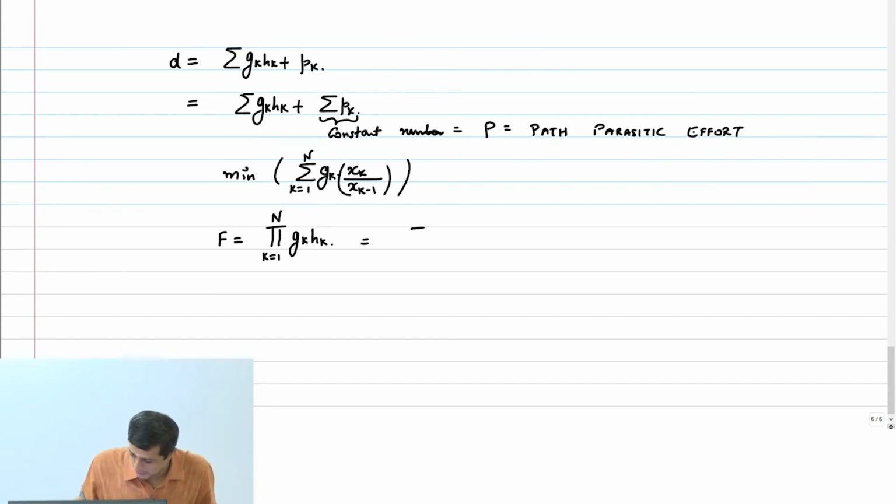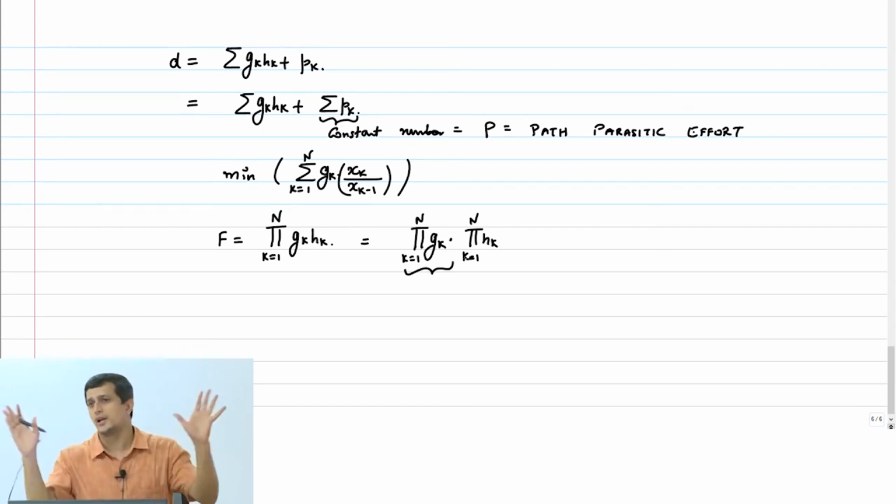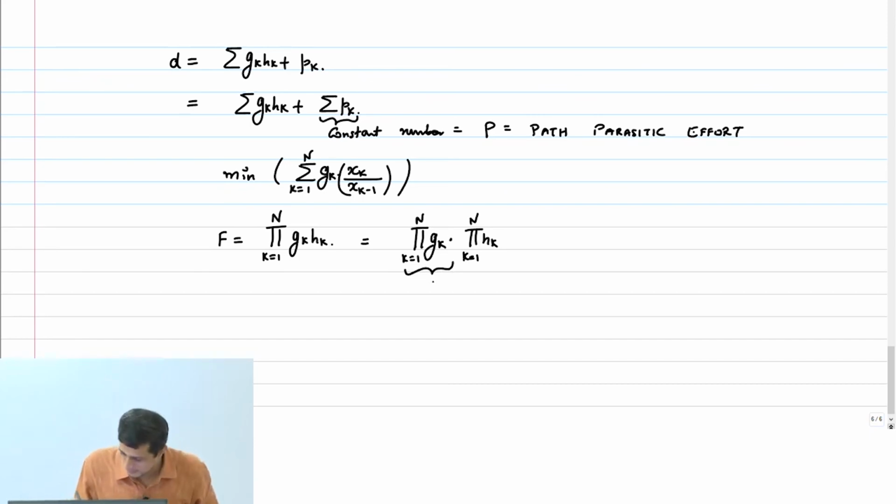This I can simply write as product of Gk, 1 to n, into product of Hk, 1 to n. Now this is some product of logical efforts. I will call this G, it's called the path logical effort. Now this guy is my path electrical effort.